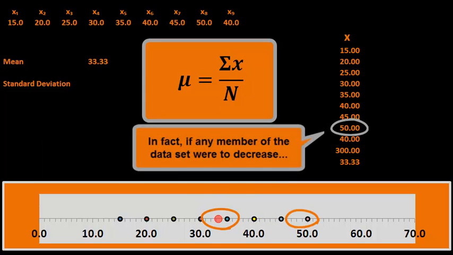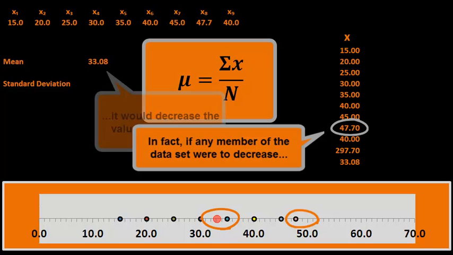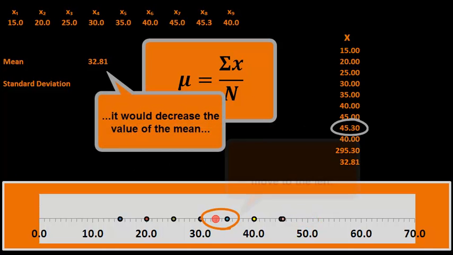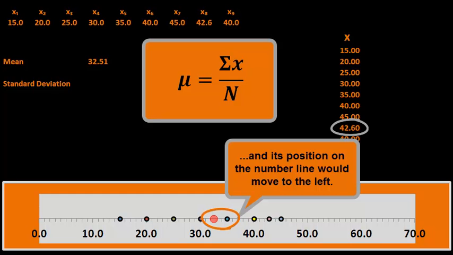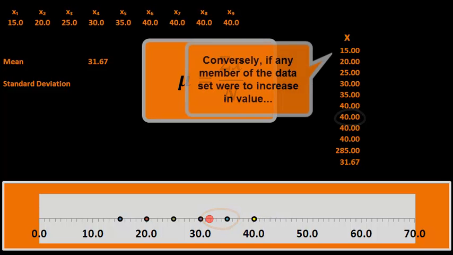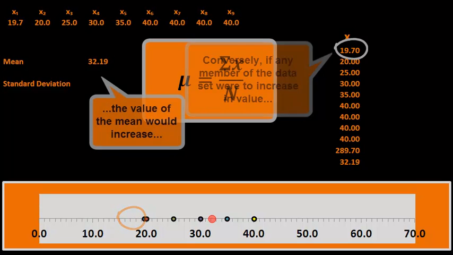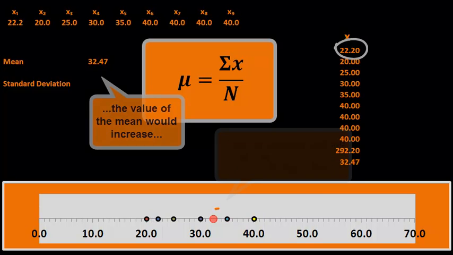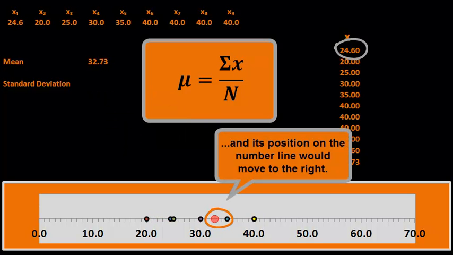In fact, if any member of the dataset were to decrease, it would decrease the value of the mean, and its position on the number line would move to the left. Conversely, if any member of the dataset were to increase in value, the value of the mean would increase, and its position on the number line would move to the right.